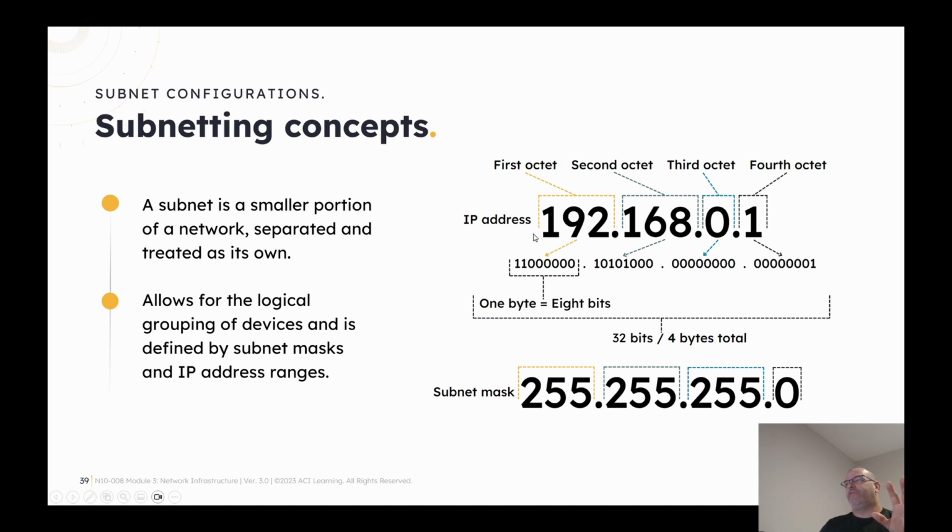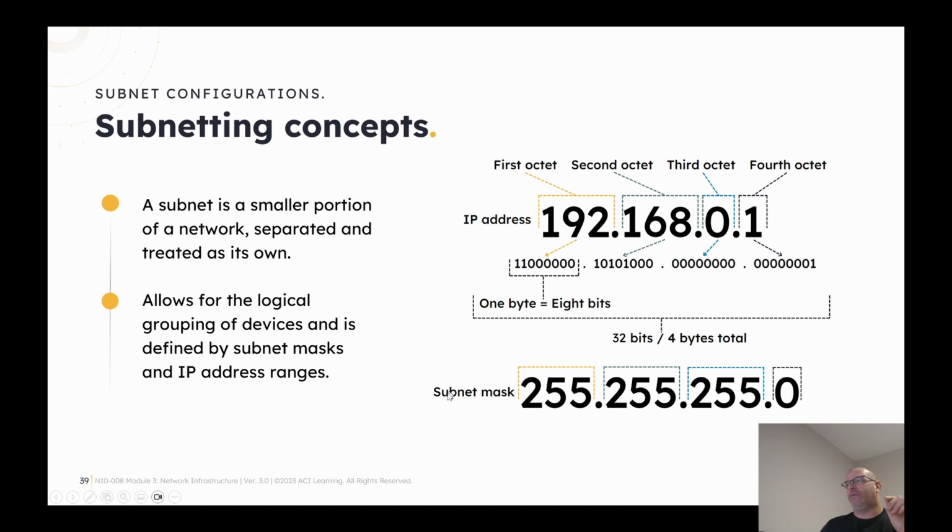My personal belief is the best way to understand how to subnet, how to understand subnet masks, how to understand IP addresses is to know how to do binary, right? To understand binary.